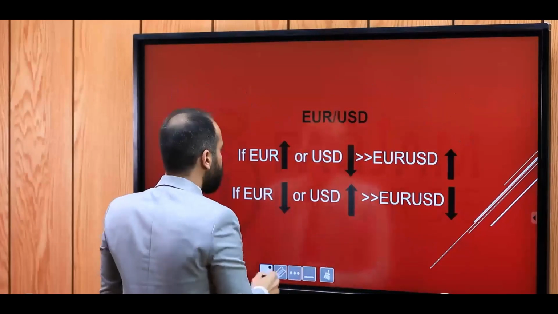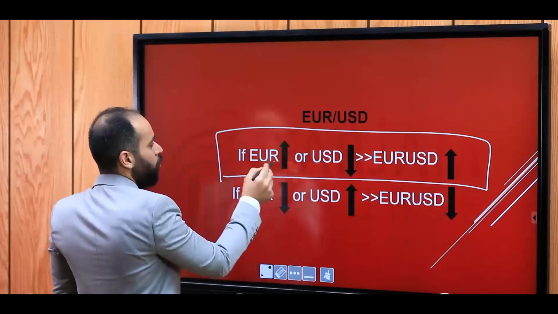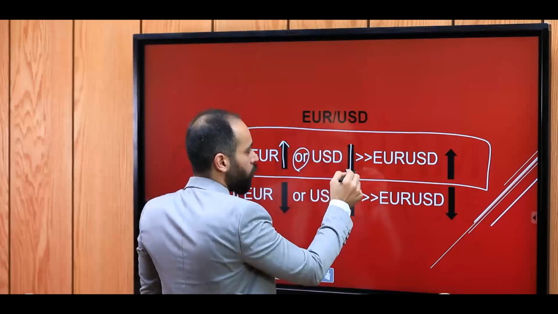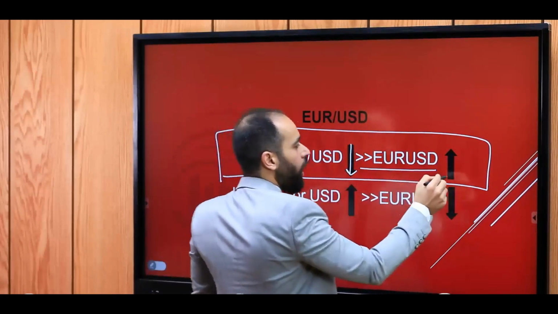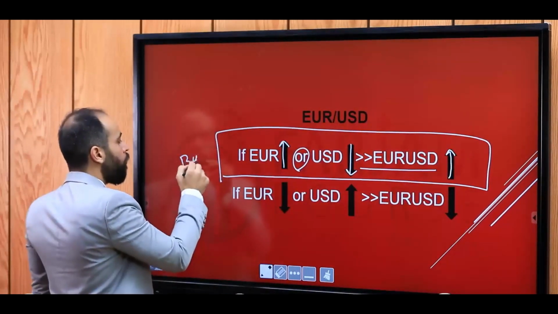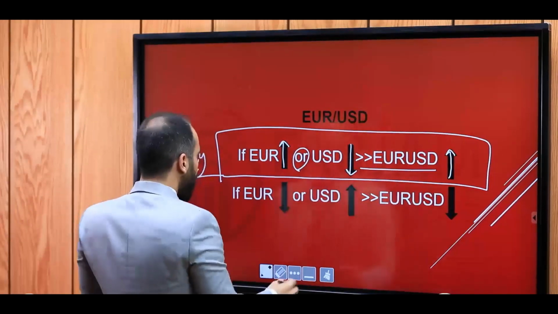Look, it's written here in the expansion. If the euro increases or the dollar decreases, the EUR-USD chart will rise and move upward. And in this case, we are said to participate in a buy or purchase or demand position. And exactly the opposite is true.